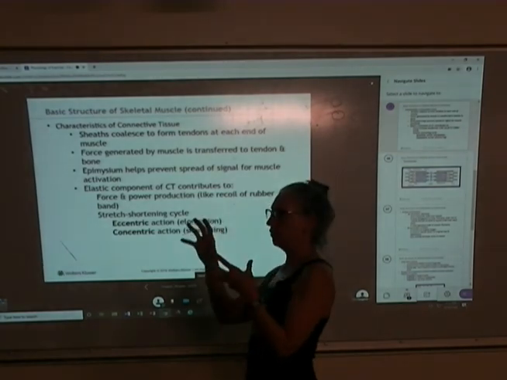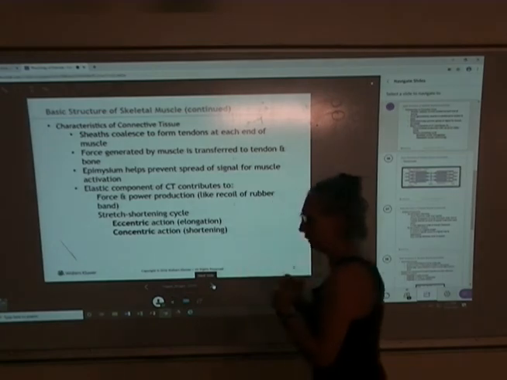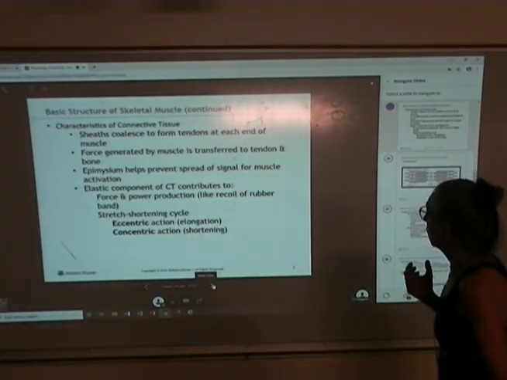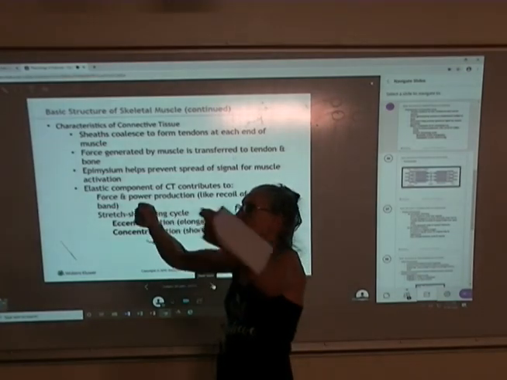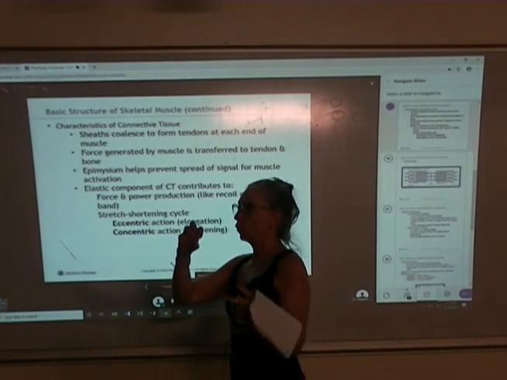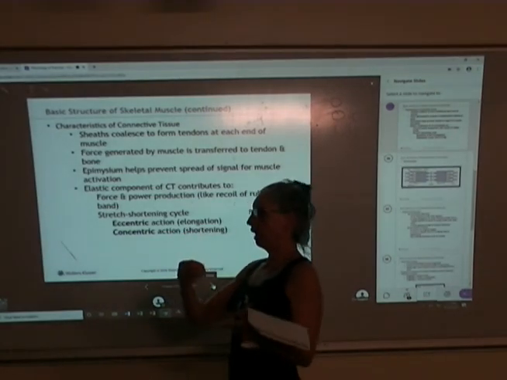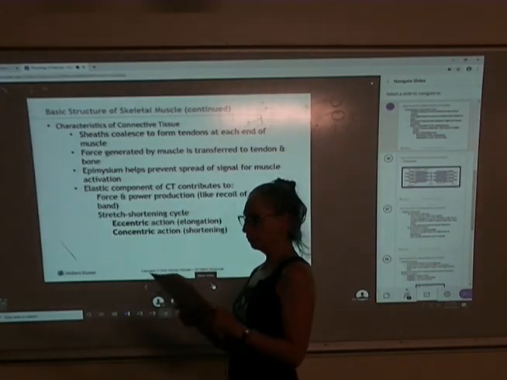So the connective tissue is part of that, not the whole thing. We'll talk about some other things that play a role. So it's like a rubber band, right? If I stretch a rubber band and I let go, then there's a lot of force produced in that rubber band. So it's very similar to that idea, all right?